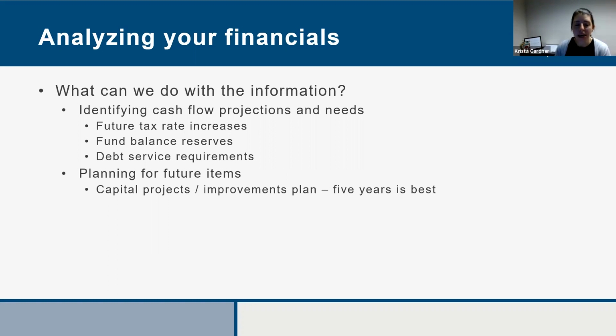But again, this is where we have a plan in place, and part of that budgeting process is what we need to fund that plan, what we need to get into our capital projects fund, how we're going to fund that, what funding sources there are, and how we get there. So again, it's about planning ahead and having an understanding of the future.